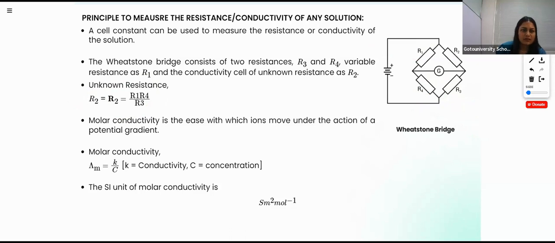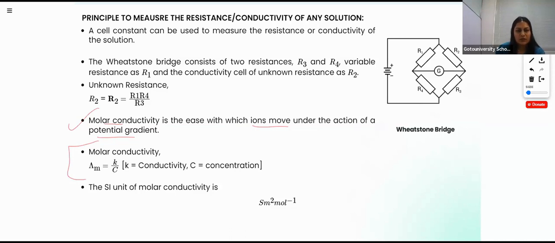Then we have discussed what is molar conductivity, that is the ease or speed with which ions move under the action of a potential gradient. It means 1 mole of solute present in a solution, right? How do we calculate this?